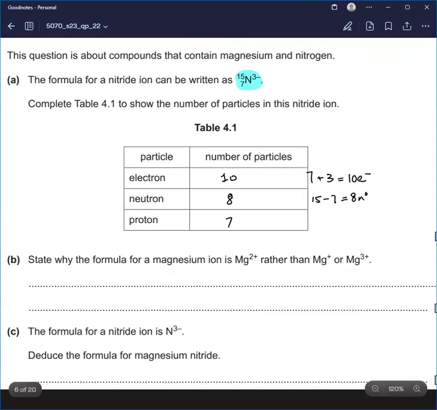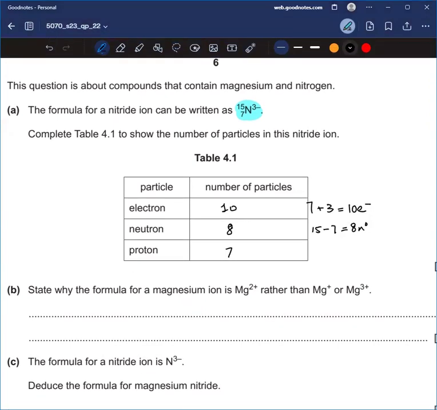Okay, state why the formula for a magnesium ion is Mg2+ rather than Mg+ or Mg3+. So they are asking us: this particular ion, with this particular charge, 2 plus, has a full outer shell of electrons, which means it is stable.